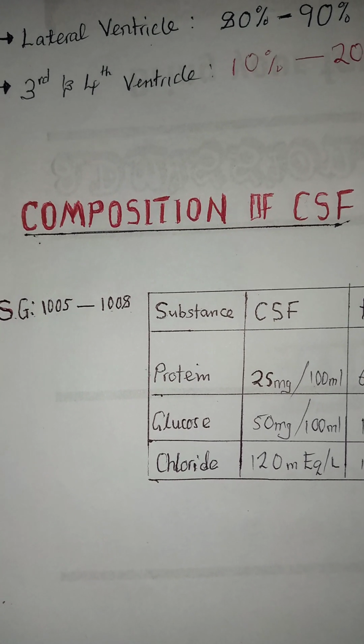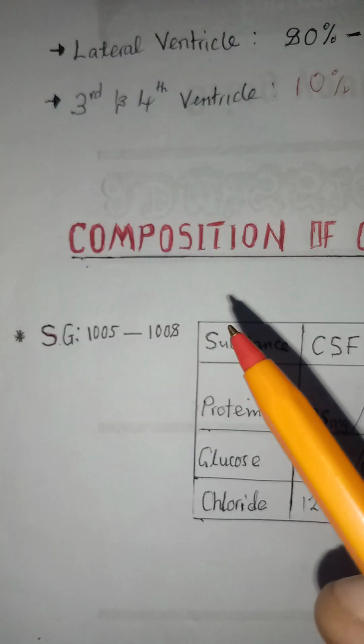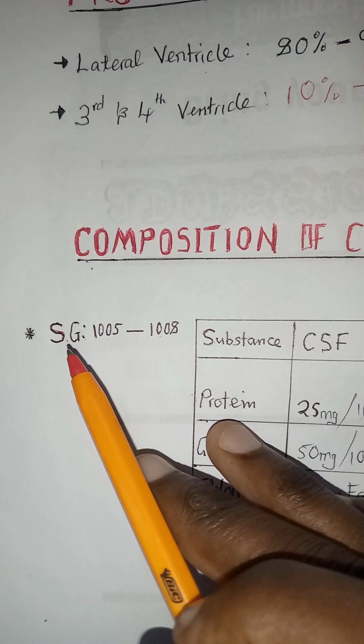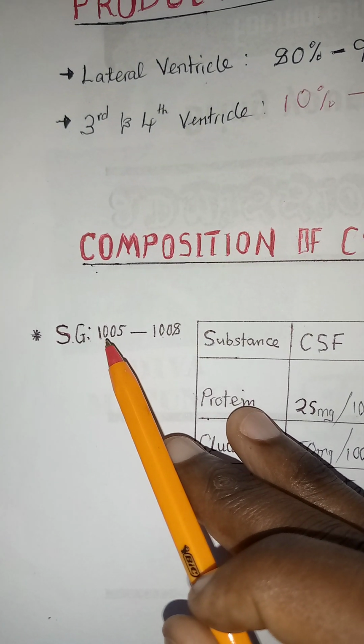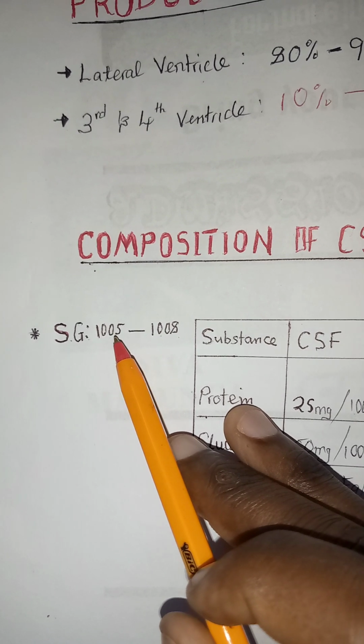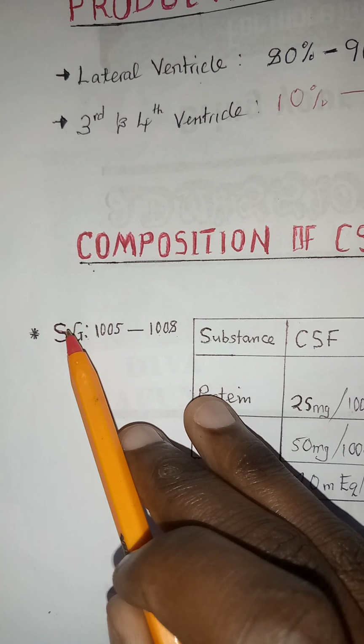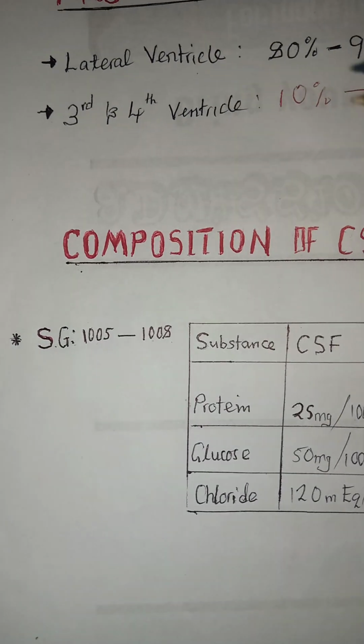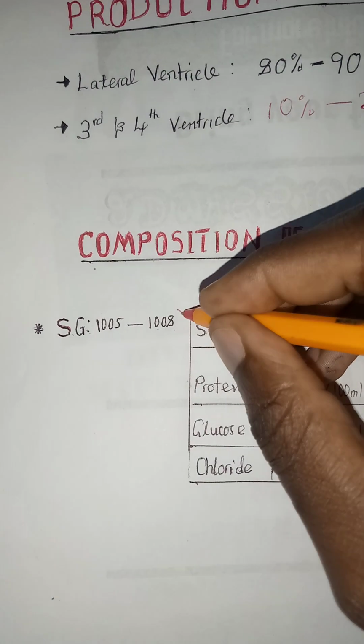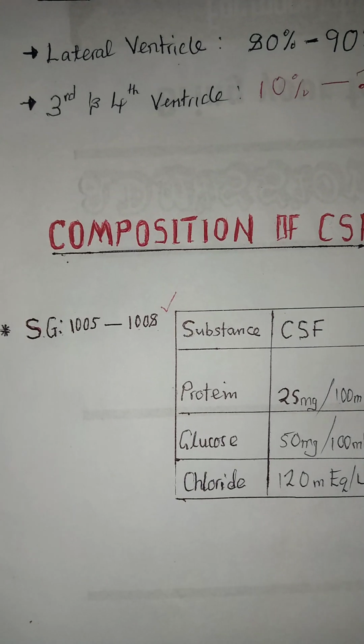In terms of specific gravity, it is 1005 to 1008. This is the specific gravity of cerebrospinal fluid. Take note of this.